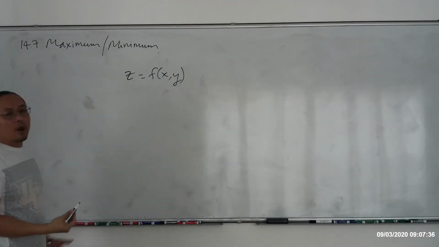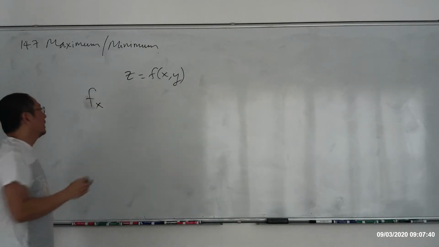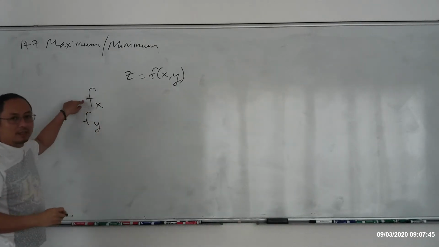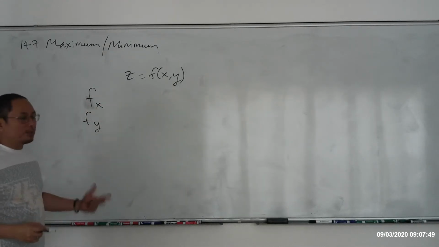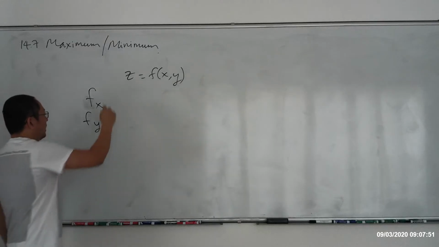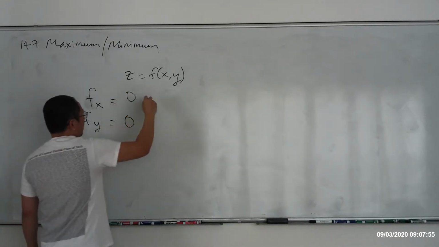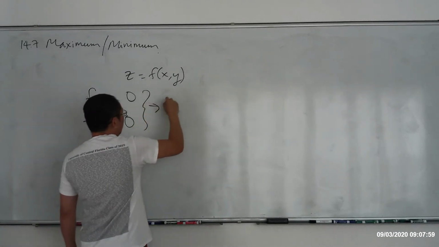Instead, you're going to take partial derivatives. So you take fx, okay? And then you calculate fy, right? fx means partial derivative with respect to x. fy means partial derivative with respect to y. And then you set fx equal to 0, you set fy equal to 0, and you're going to have a system of equations. Then you're going to solve for x and y.